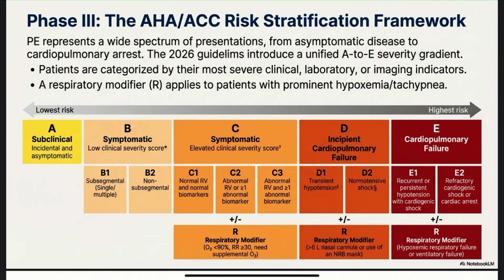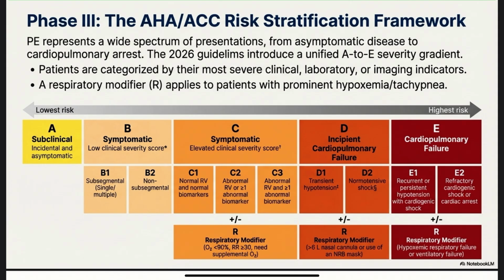So D1 is transient hypotension, that is, there was hypotension, you treated with fluids, and it became normal. Normotensive shock, a very important new definition, will be discussed further. This normotensive shock is considered D2, and these people may or may not have a respiratory modifier, like requiring more than 6 liters of oxygen through nasal cannula, or use of NRBM.